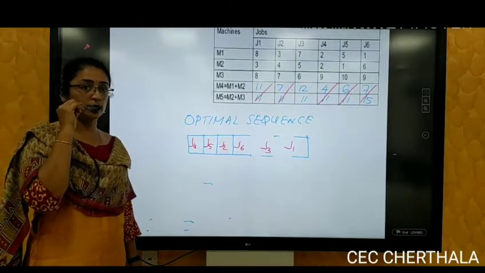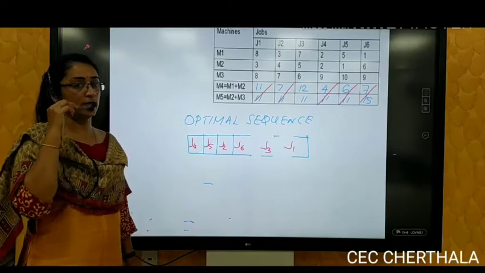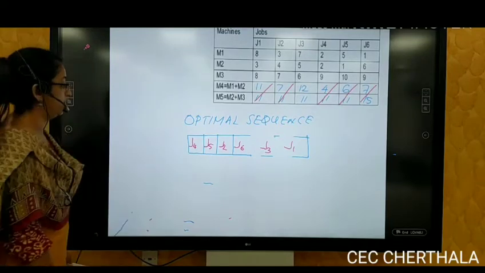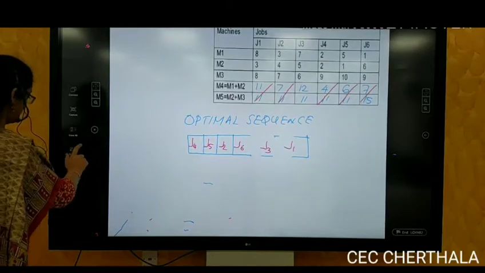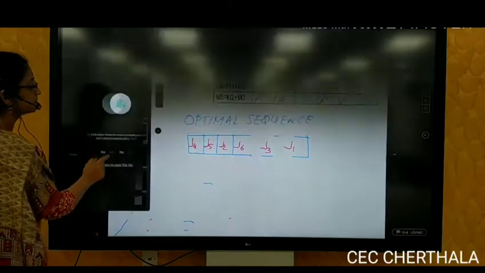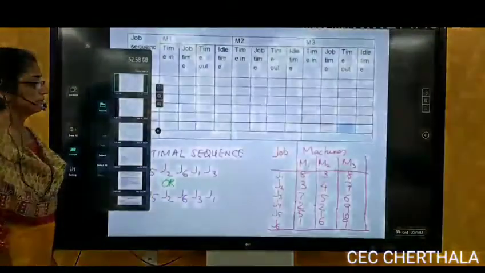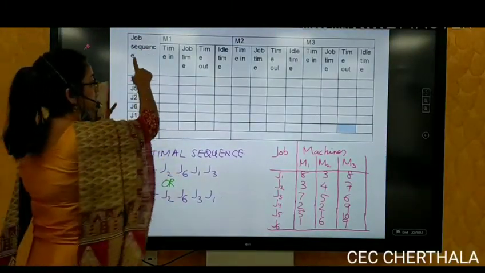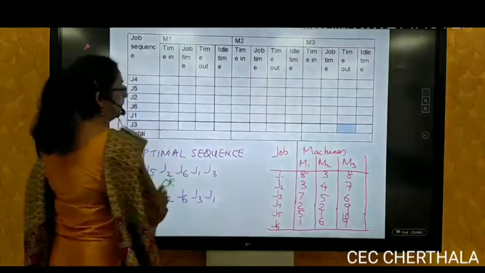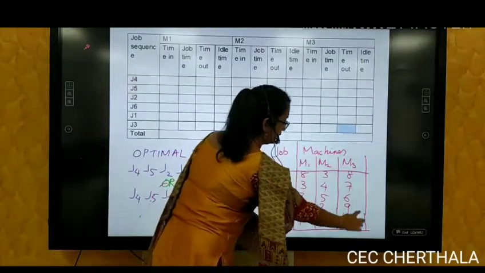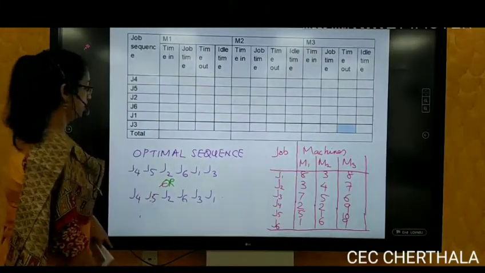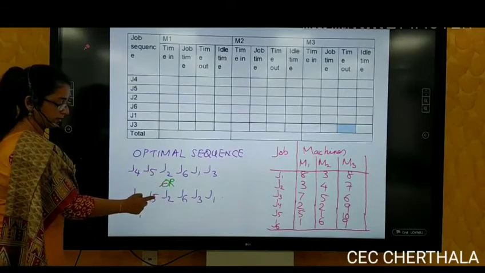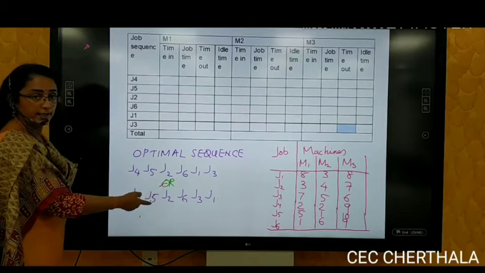For that we can use another table, known as a result table or conclusion table. So this is the result table, and this is the question and this is the optimal sequence. Both the sequences are correct.